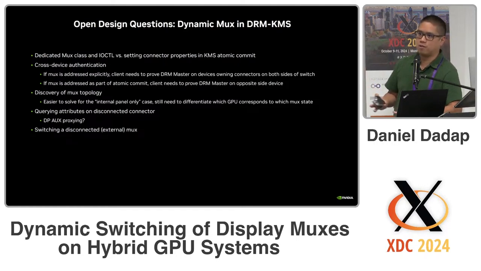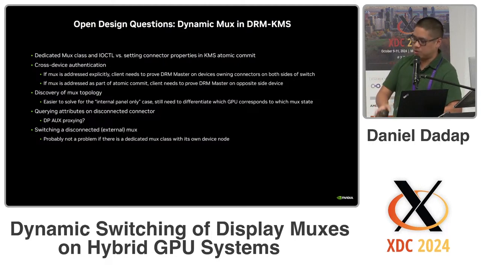It could be on the order of seconds or tens of seconds. You don't want that kind of thing happening without the user actively being behind that decision. If we have a design where we're using a dedicated mux class and there's actually a separate UAPI for the mux switching that's not part of doing atomic commits, then that's probably a main reason to favor that design.